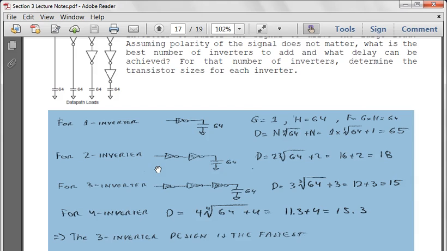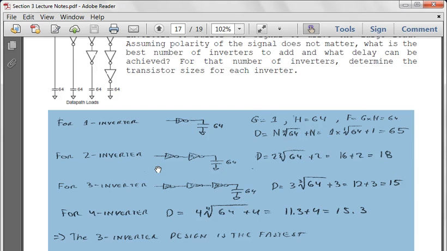So now we come down here. For 3 inverters, same thing. G equals 1. H equals 64 for our output. G times H is 64. Our number of stages is 3. So it becomes 3 times the cube root of 64, plus the parasitic delay of 1, 2, 3.